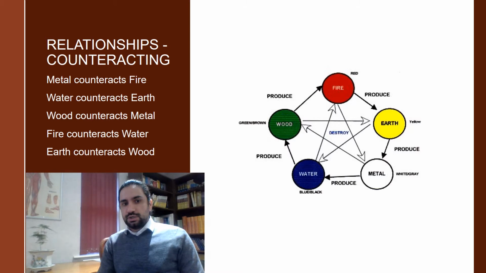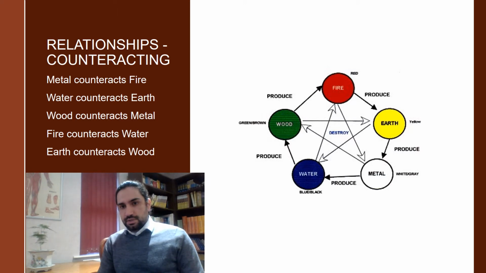Instead of wood controlling earth, earth is, in this example, too strong, and wood cannot interfere with its activity because it's too weak to do that. So we look at the idea of earth being able to counteract wood in this scenario.